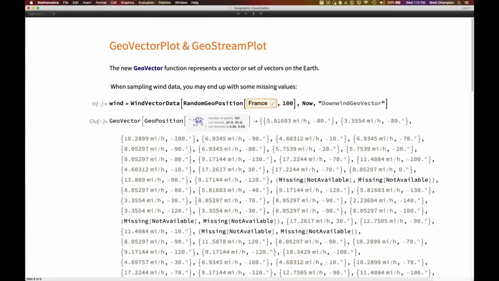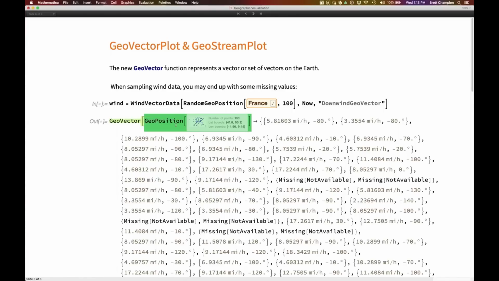The last ones that I want to look at are GeoVector, GeoVectorPlot and GeoStreamPlot. This uses a new representation called GeoVector, which associates a vector with a bunch of geopositions or geolocations.